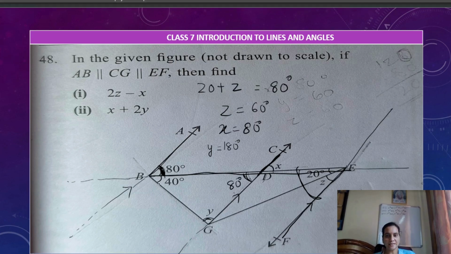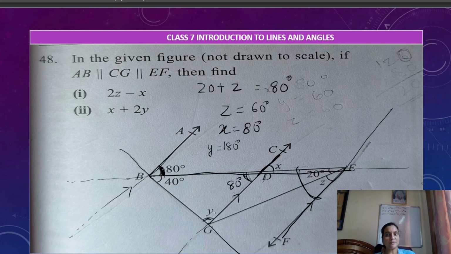Alternatively, you can see this 40 plus 80 and this y are co-interior angles. How? Please have a careful look here. This line AB is parallel to this line CG, and this is acting like a transversal, right? There are two methods to find angle Y. So this 80 plus 40 together is 120, and this Y are lying inside, so they are co-interior angles, which means since these two lines are parallel, they are supplementary.